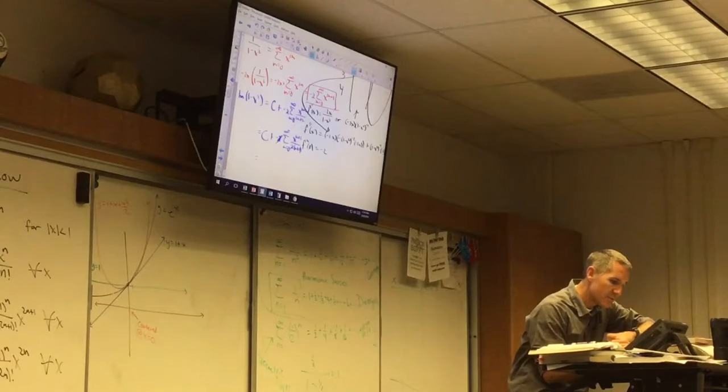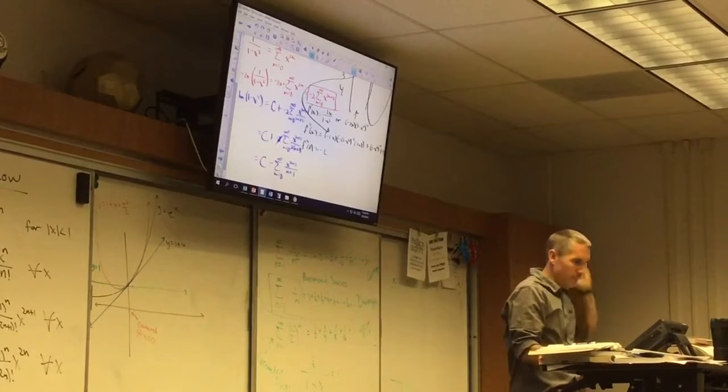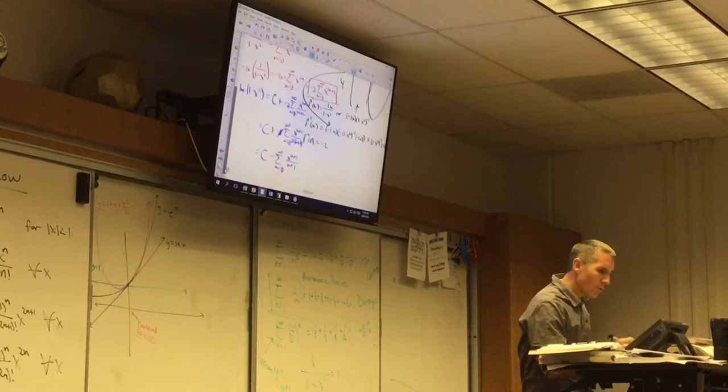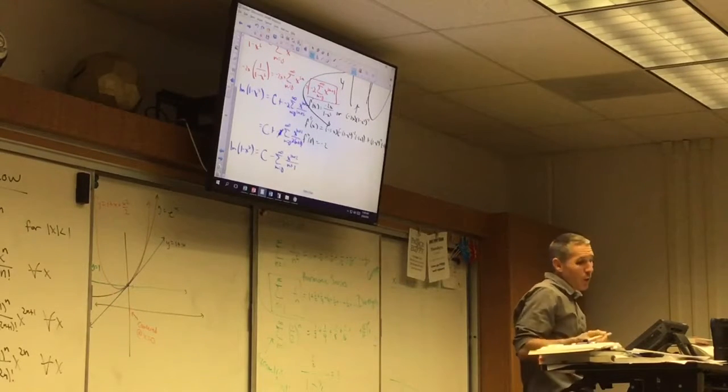And I would say that this is just equal to c minus the summation as n goes from 0 to infinity of x to the 2n plus 2 over n plus 1. And then, this is ln of 1 minus x squared.